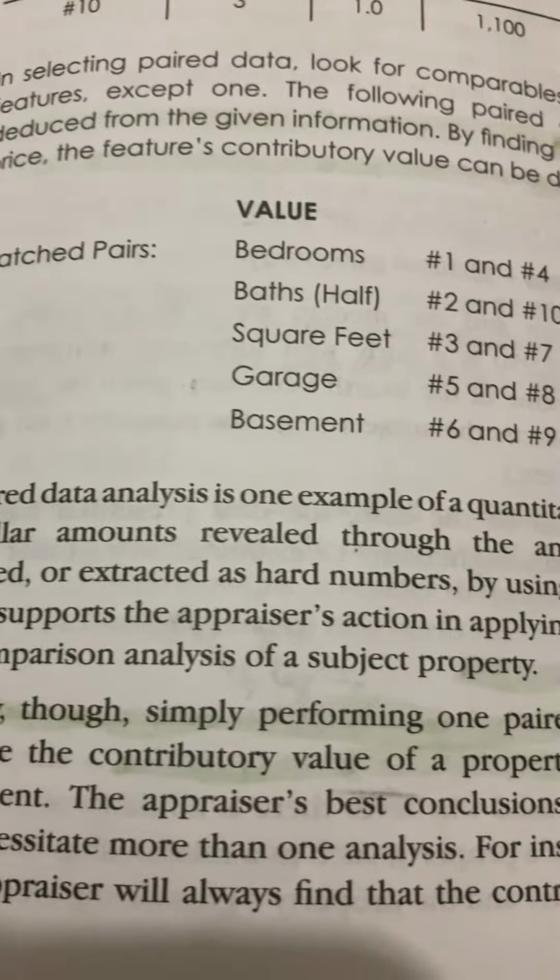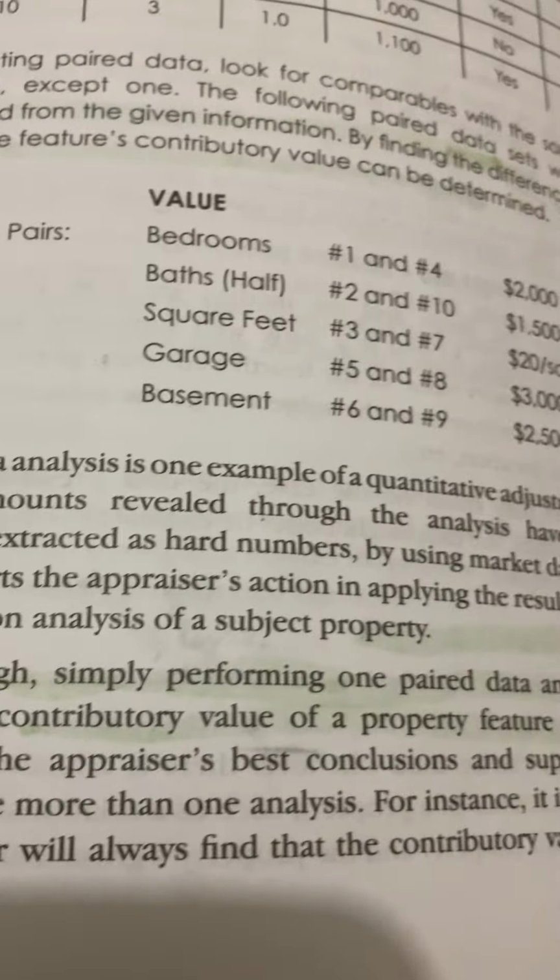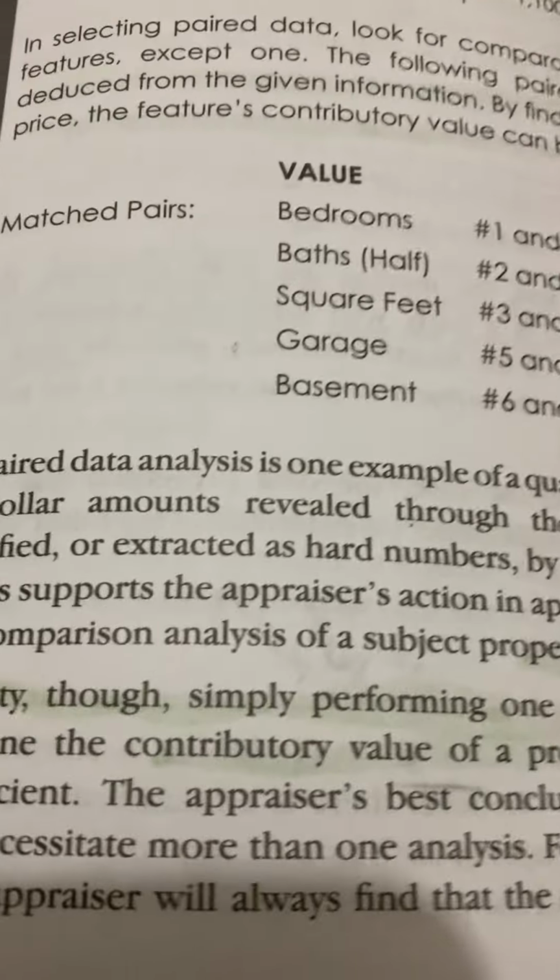The dollar amounts revealed through the analysis have been quantified or extracted as hard numbers by using market data. The analysis supports the appraiser's action in applying the results in the sales comparison analysis of a subject property.